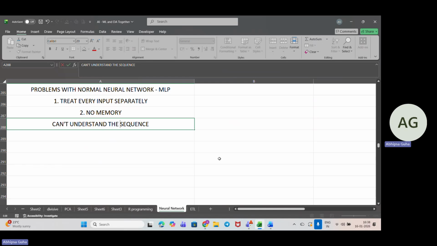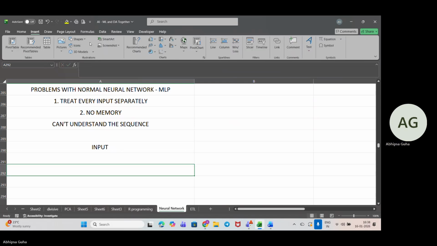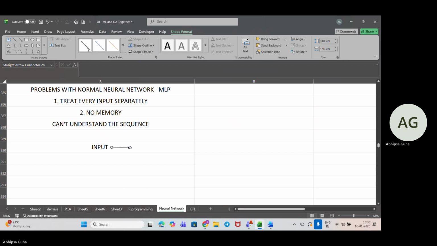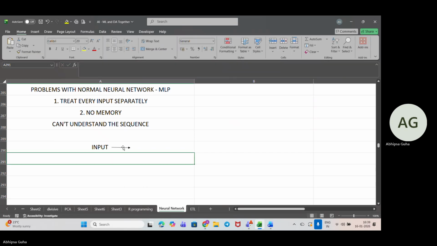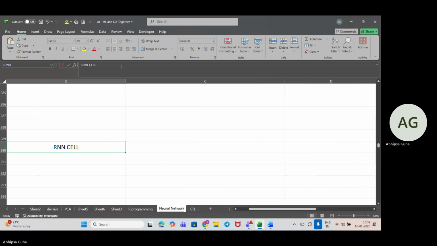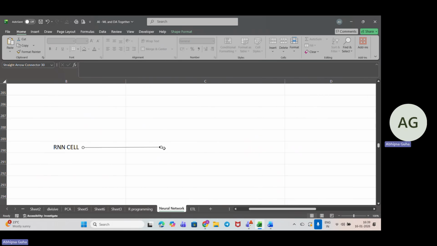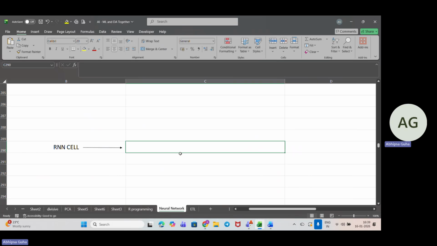Okay, now the basic structure of the RNN that we will be discussing. So we have the input, next we have the RNN cell, and here we have the output.